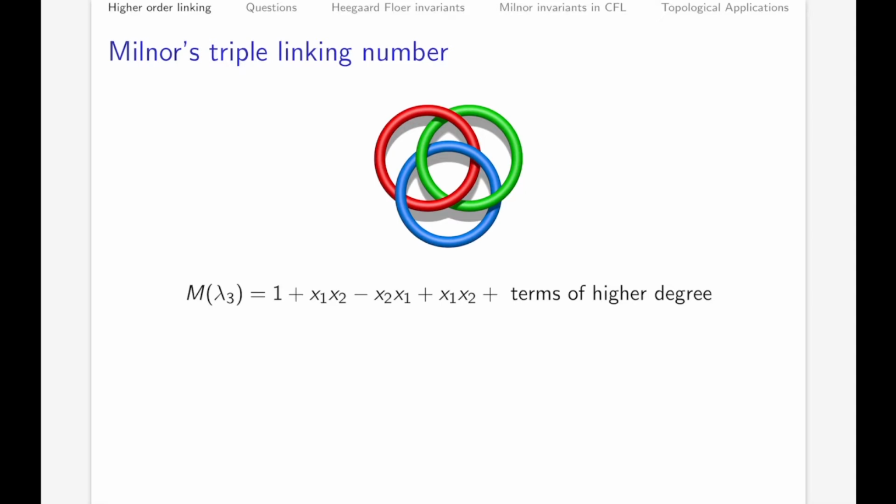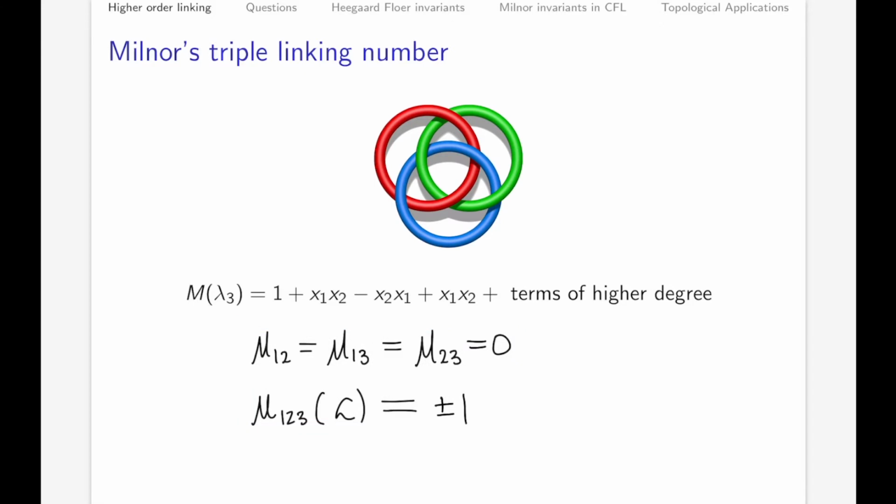Performing the Magnus expansion for, say, the third longitude would give you terms that look like this. And so from here you would be able to read off that mu1,2 is mu1,3, and that's mu2,3. These are all the linking numbers of the components. These are all 0, and indeed they are for the Brunnian rings. All of the sublinks are unlinked. And then the triple linking number is going to be given by plus or minus 1 from these terms.